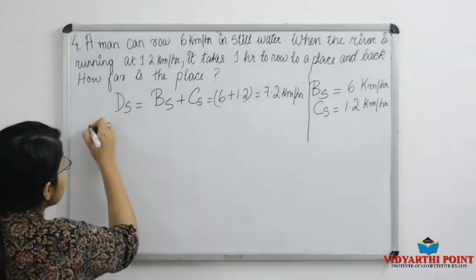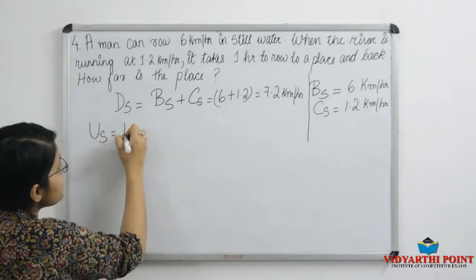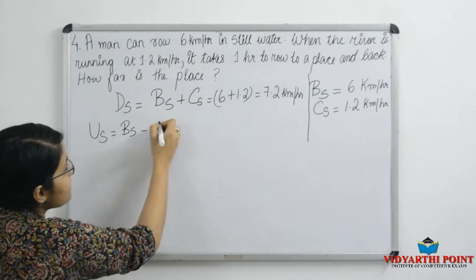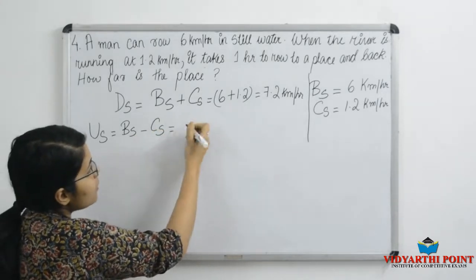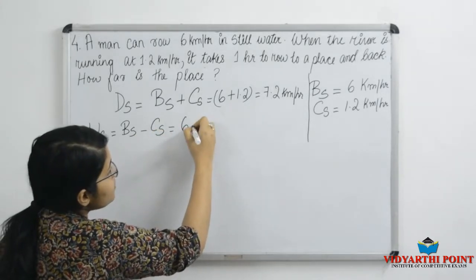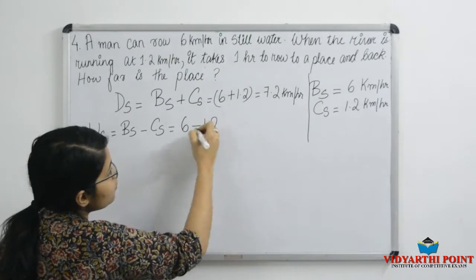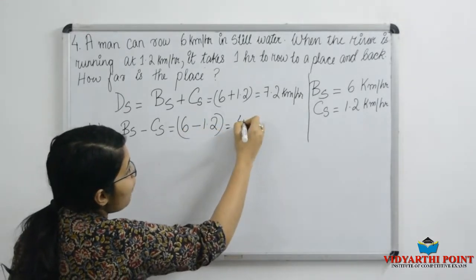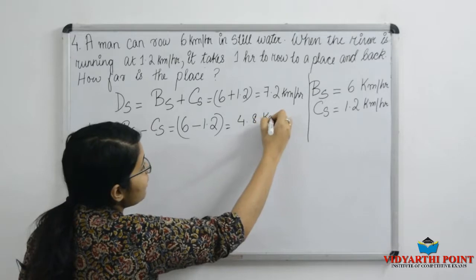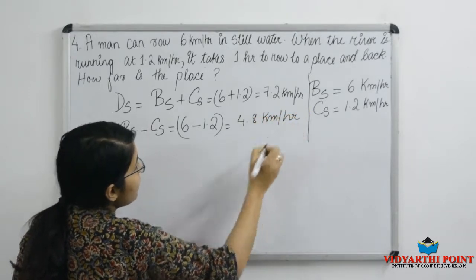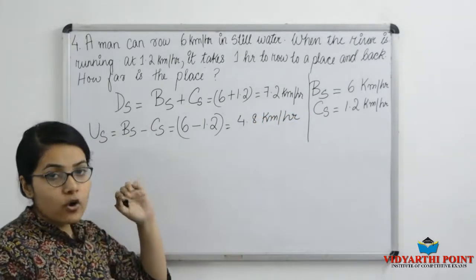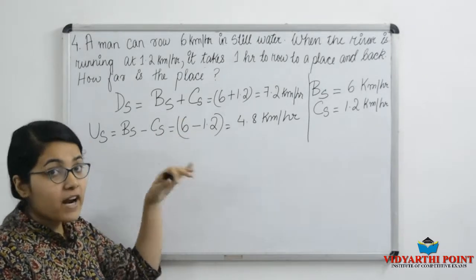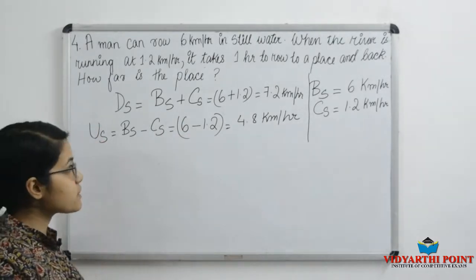Now, similarly, upstream speed is speed of boat minus speed of current, which is 6 minus 1.2, which is 4.8 km per hour.